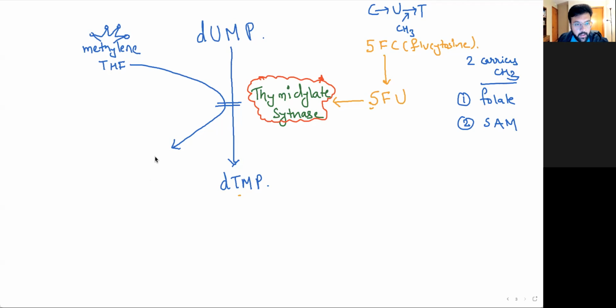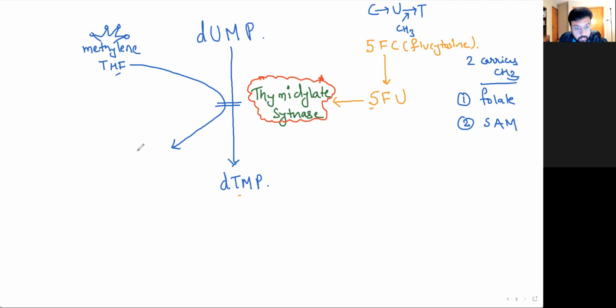Gaining hydrogen is reduction, but giving hydrogen is oxidation. So tetrahydrofolate, you are donating a methyl group, and you're also donating some hydrogen.